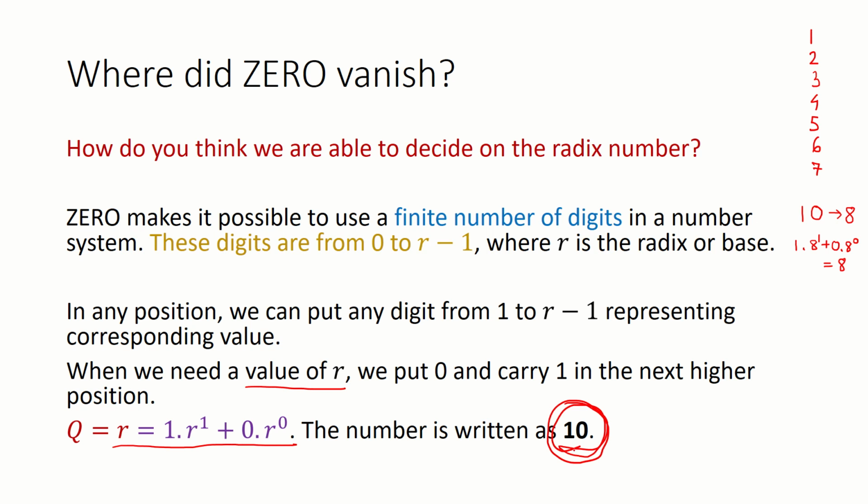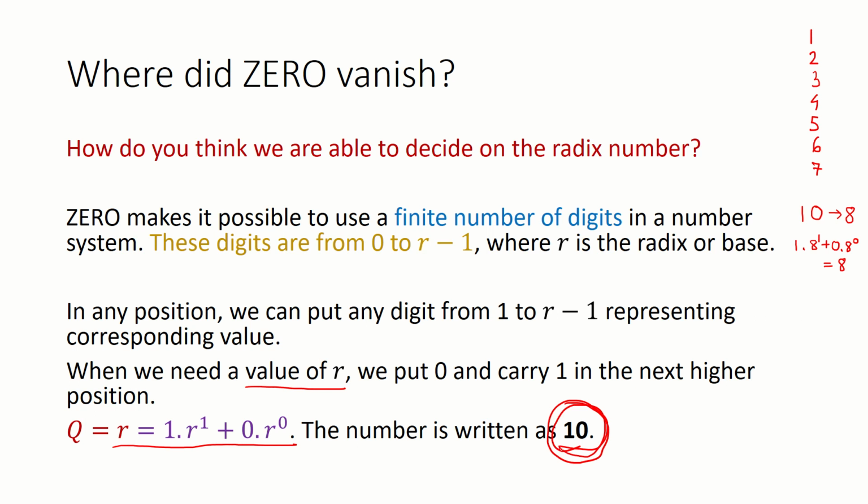If I say 1 0 in the octal number system, then immediately I understand that 1 0 represents the value of 8. If I say 1 0 in the hexadecimal number system, I get an idea that it represents the value of 16. In binary, it represents a value of 2.